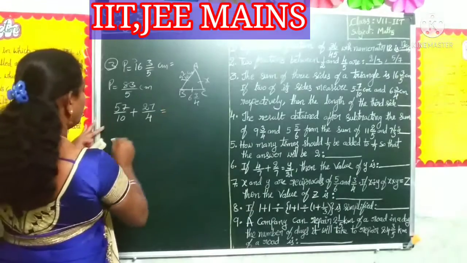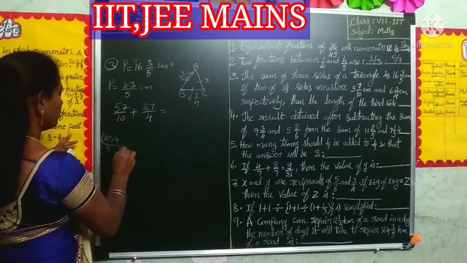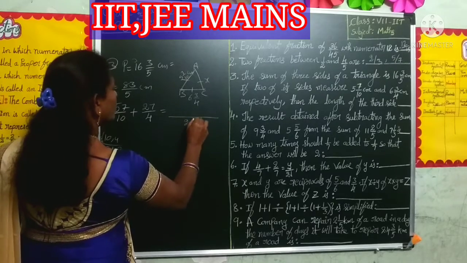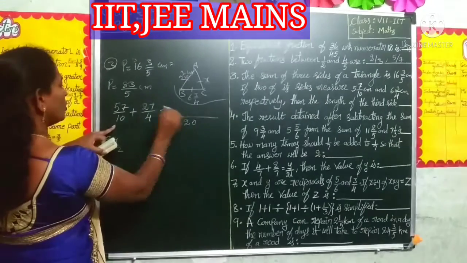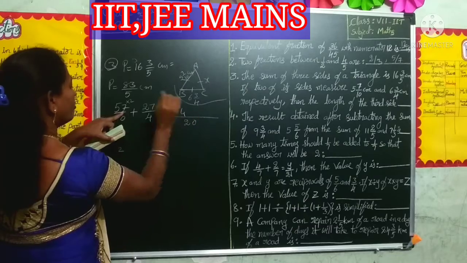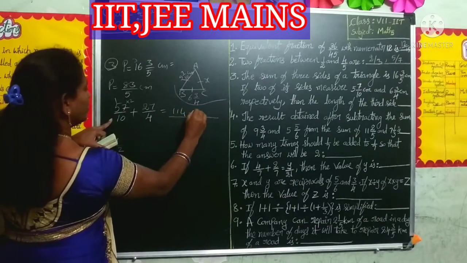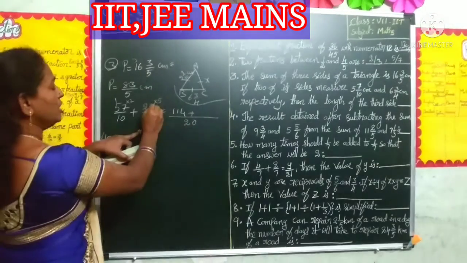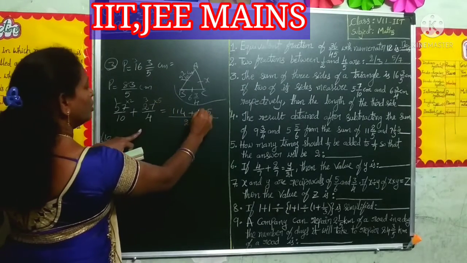Now the LCM of 10 and 4 is 20. For 10, it is multiplied 2 times, so 2 is multiplied with the numerator: 2 times 57 is 114. For 4, it is 5 times, so 5 is multiplied with the numerator: 5 times 27 is 135.